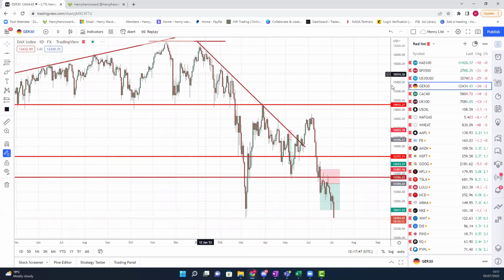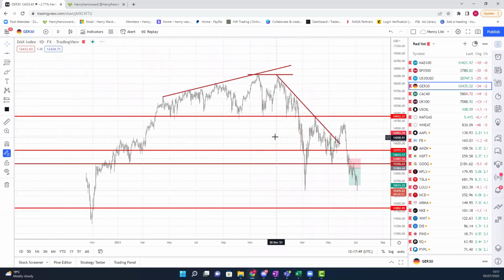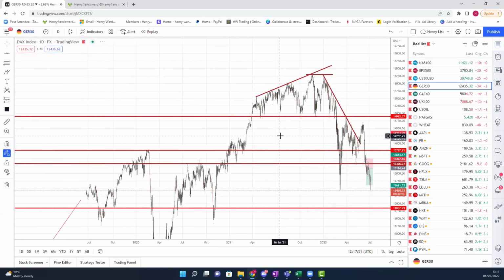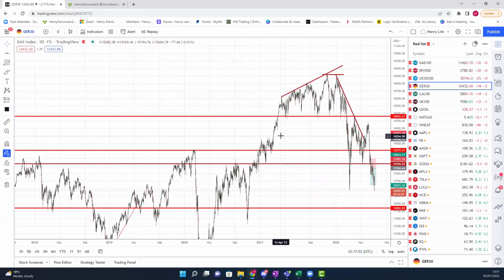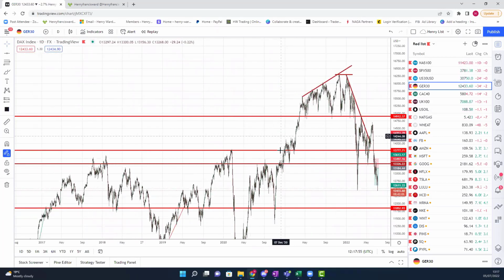Now, if we have a look at this, see where we expect this to go. I was wondering for a second why I have that level there, but I have it here. Like 1, 2, 3, 4, 5, 6, 7, 8, 9 bounces off it. Then it breaks, it breaks, and it breaks.